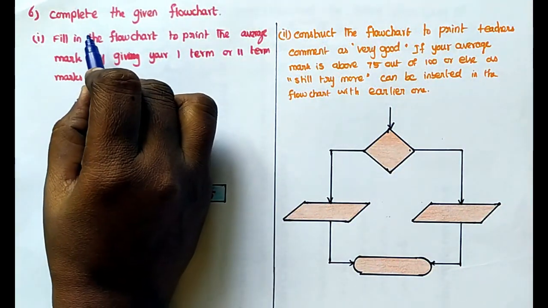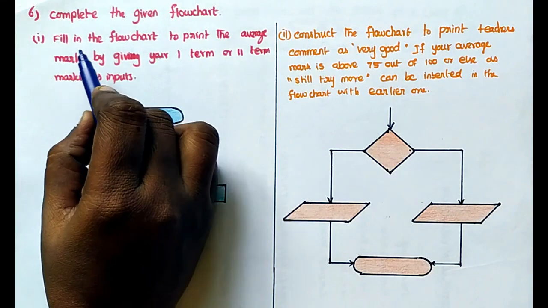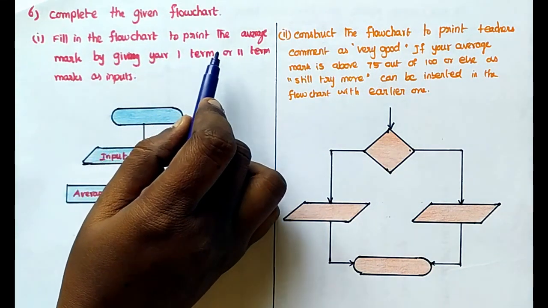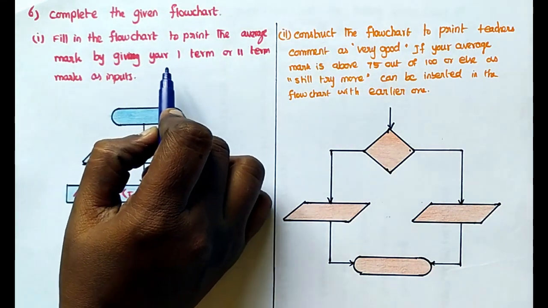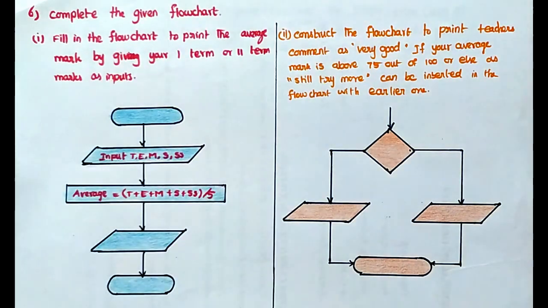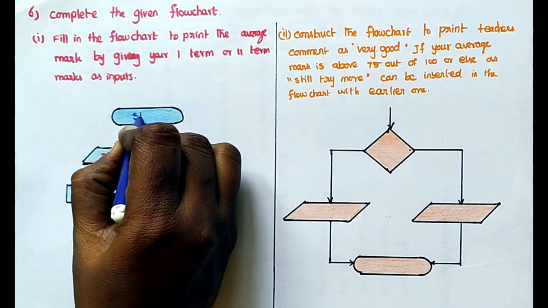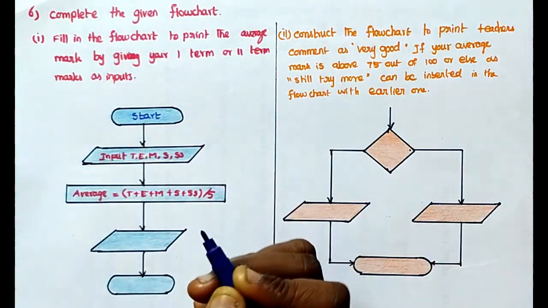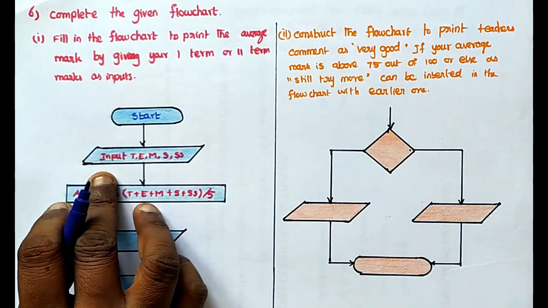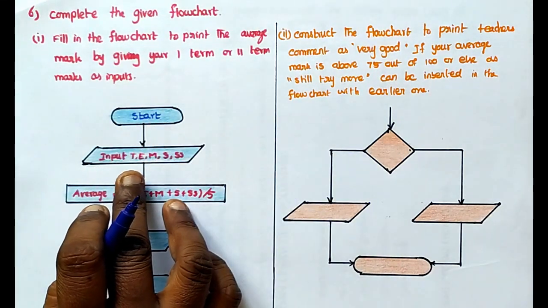Sixth question. Complete the given flowchart. First subdivision. Fill in the flowchart to print the average mark by giving your first term and second term marks as input. First one, start. You know that very well. And then input. What is the input? First term and second term marks. How many subjects?